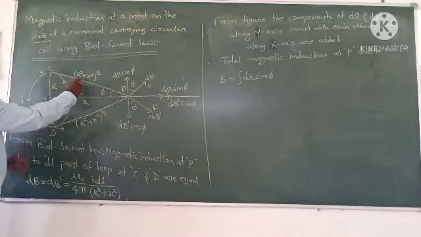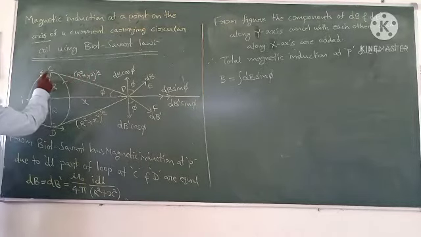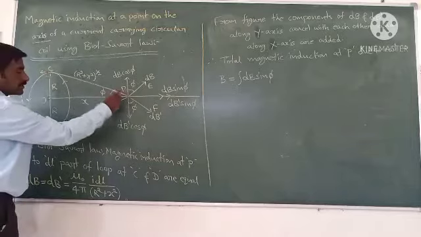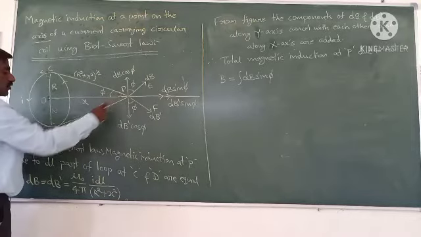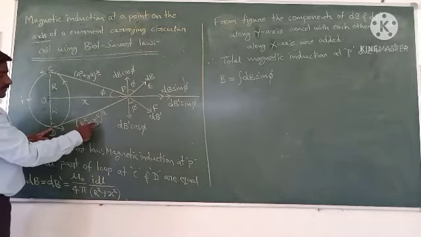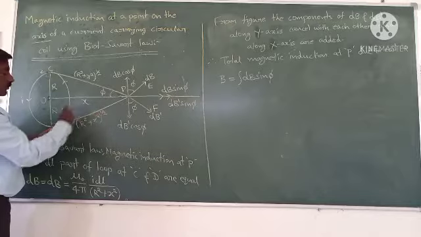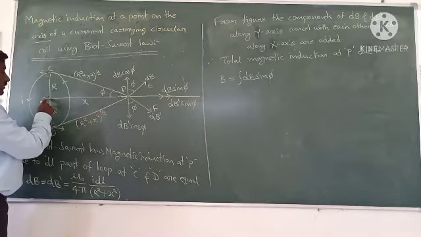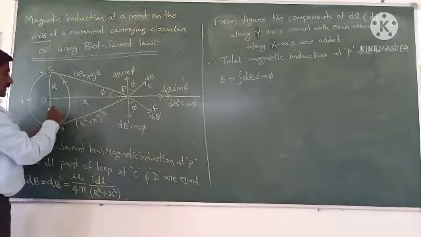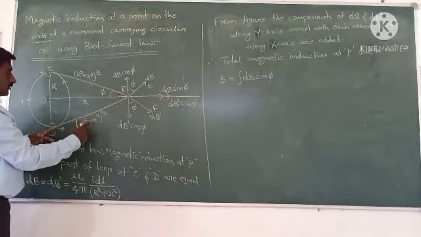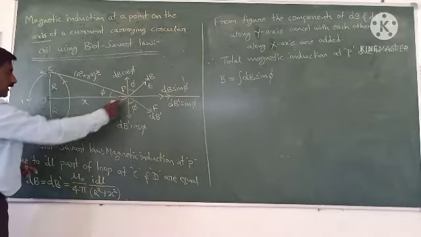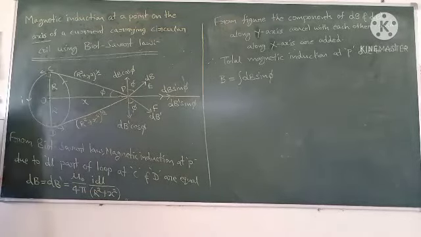That means root of r square plus x square is the distance from point C to point P. Similarly, the distance between point D and P is also the same, root of r square plus x square. In the same way, triangle OPD has length x here and length r, the radius of the circular coil. According to Pythagoras, this distance DP is also the same.